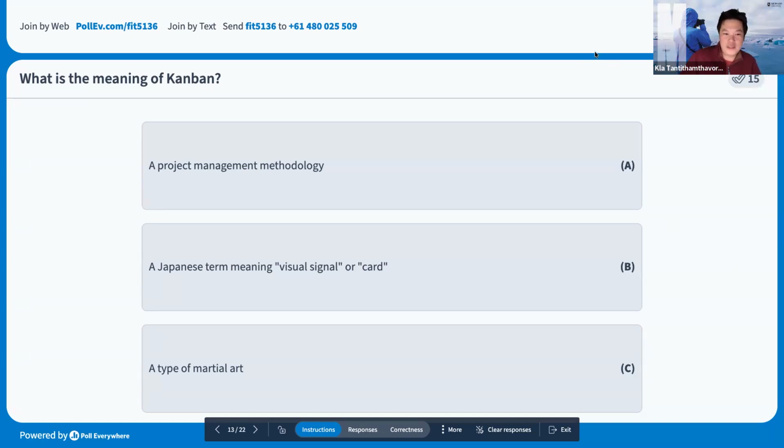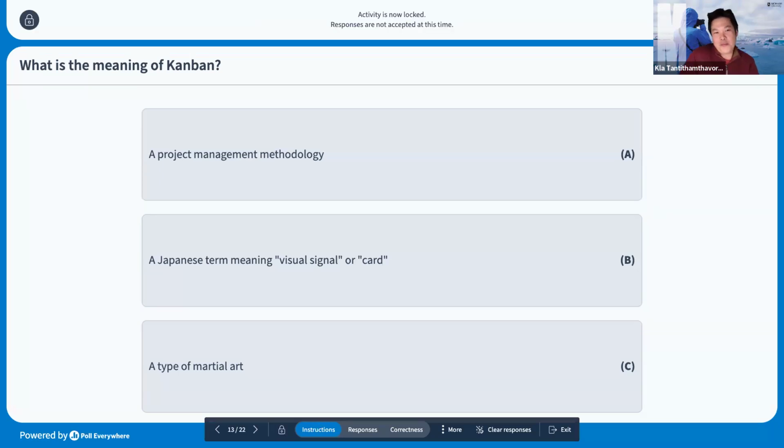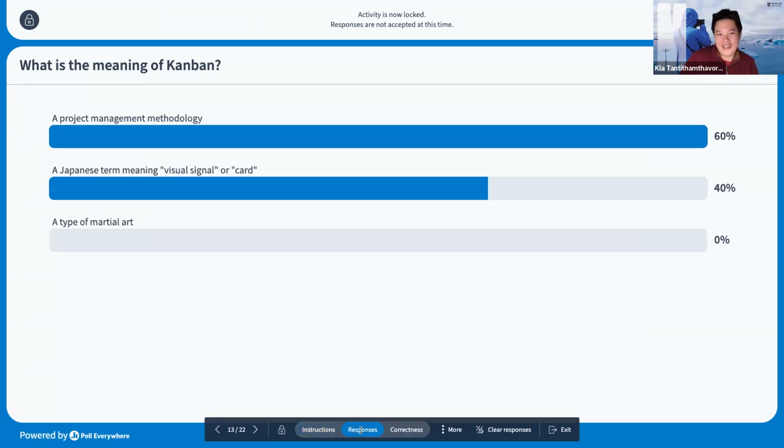The meaning of Kanban. Actually, the meaning, not what Kanban is. This is a little bit of a funny question. Basically, it is a Japanese term meaning visual sign, signal or card. The meaning of Kanban, realistically, but not what Kanban is. Sorry for the funny question here.